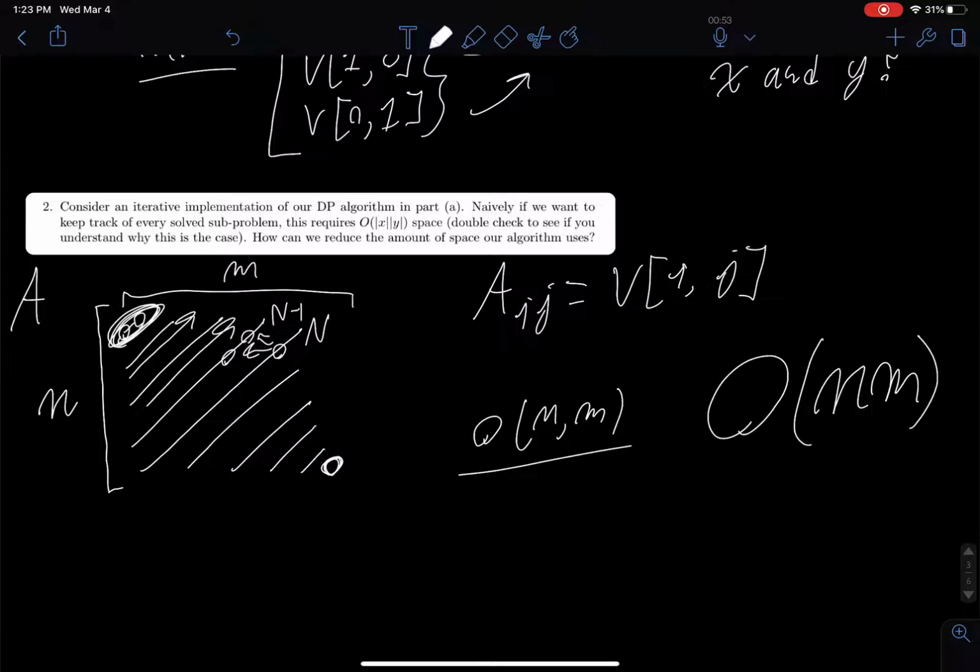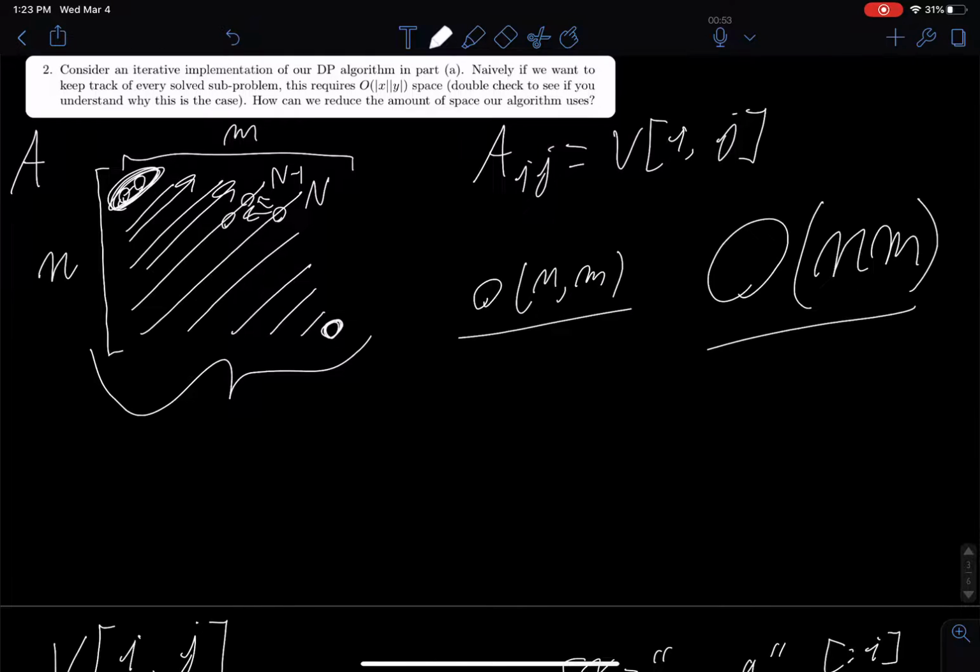Now, what part 2 asks us to take a look at is not only the runtime complexity of this algorithm, but also the space complexity. If we really just naively implement this matrix scheme that I described, then we're going to end up also using O(nm) space. We can make the clever observation that every time we compute a diagonal, we can actually forget about the previous diagonal.